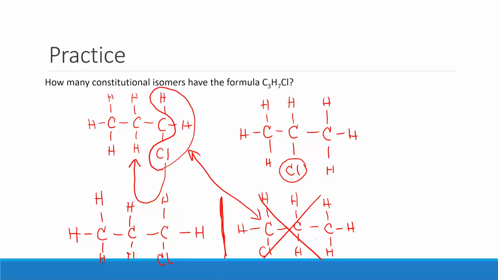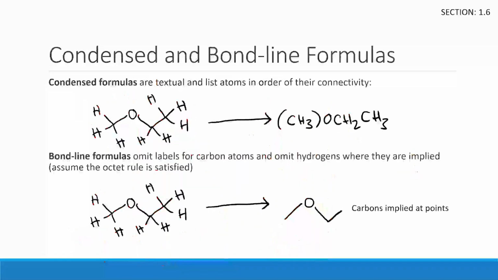That means for the question, how many constitutional isomers can we make? We've now moved the chlorine into all of the potential positions, meaning that there are only 2 different isomers for this particular compound. Okay, so that is a practice on isomers.